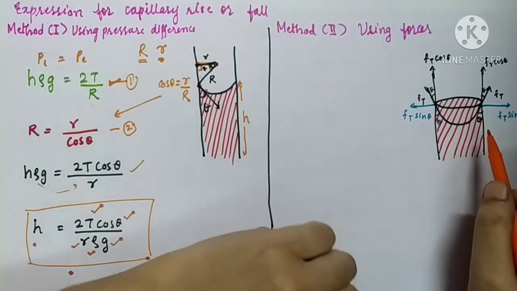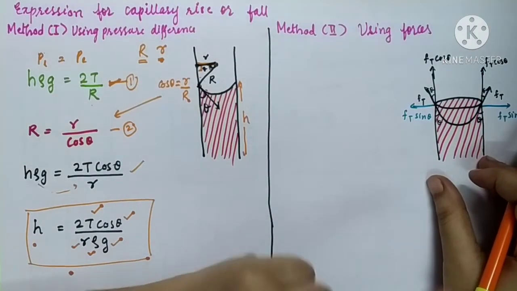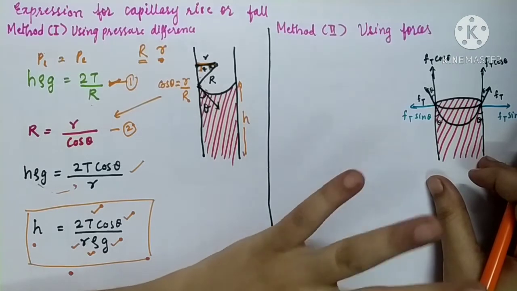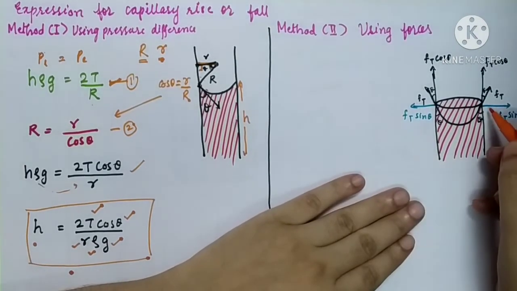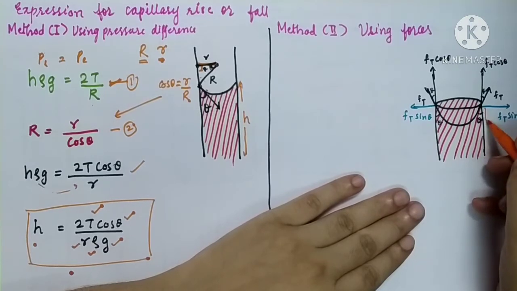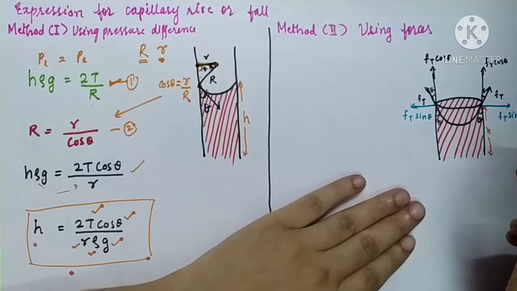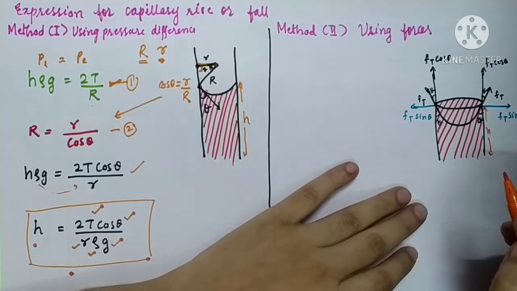So here we have taken a capillary tube. It is inserted in a liquid which completely wets the solid or which partially wets the solid. Again, we all know that the liquid level will rise up to a height h. Let h be the height of the liquid column that rises inside the capillary tube.